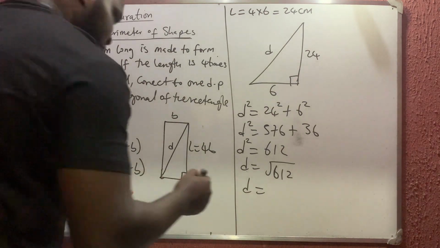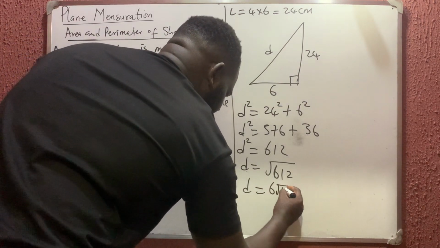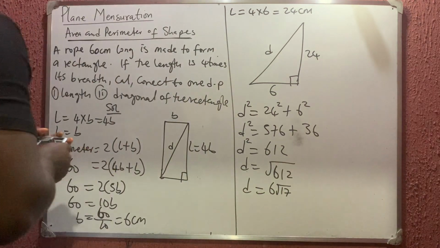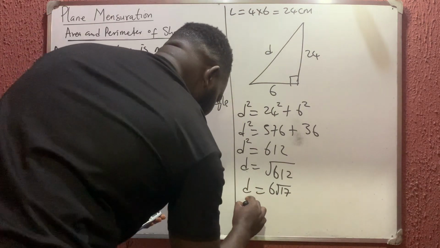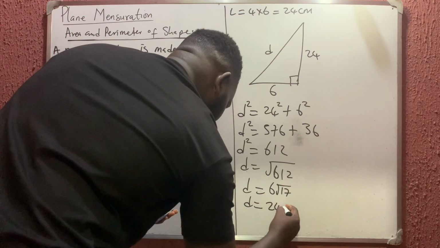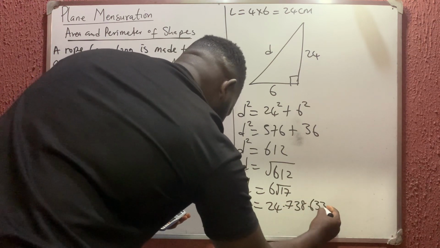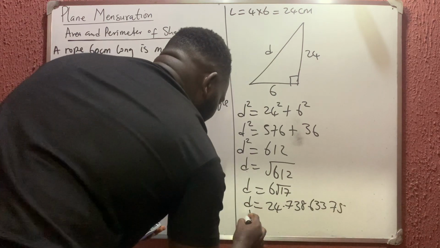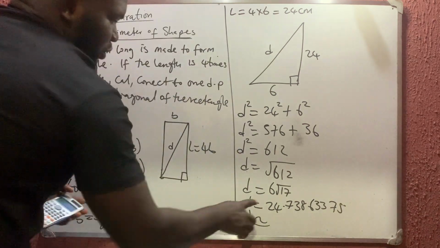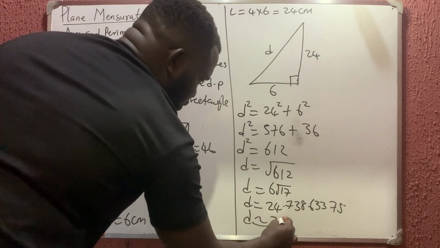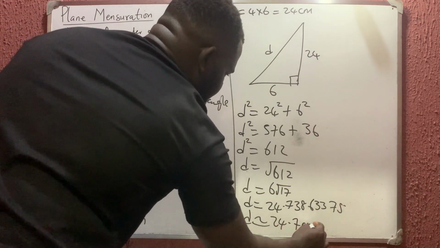So I'm having 6 root 17, or our D is equal to what? 24.7386... So for approximation, they say we should approximate to one decimal place. So it's going to be 24.7 cm.